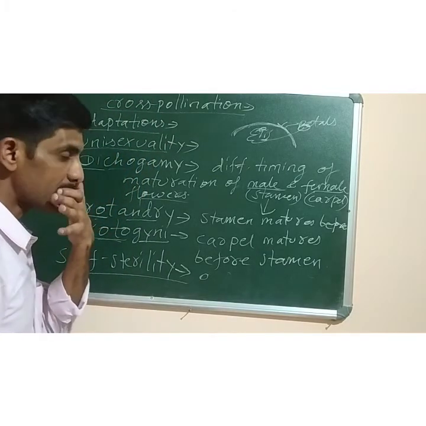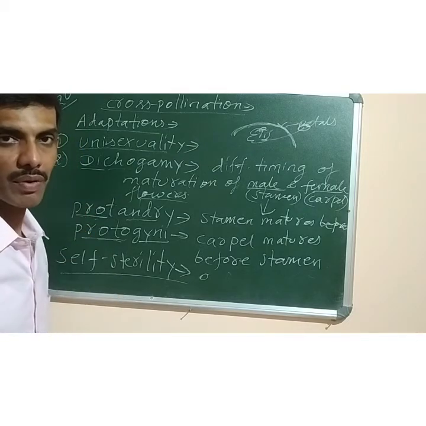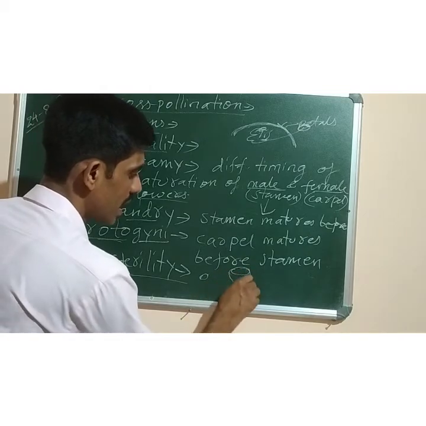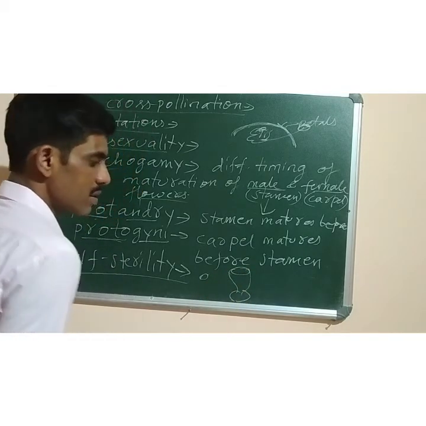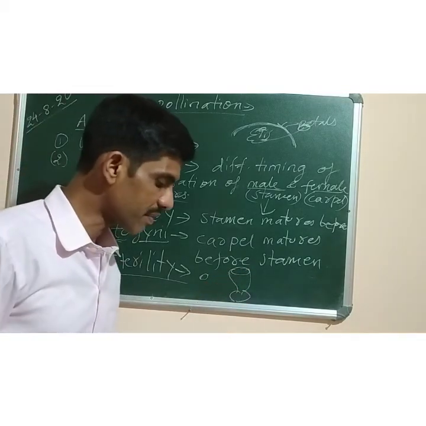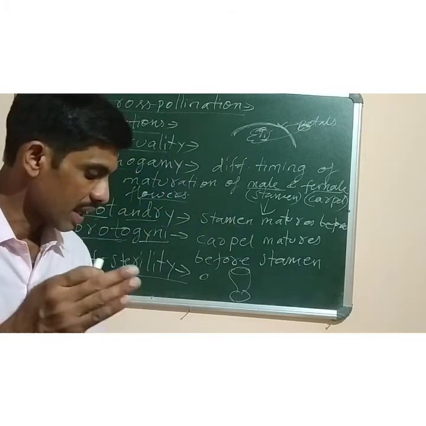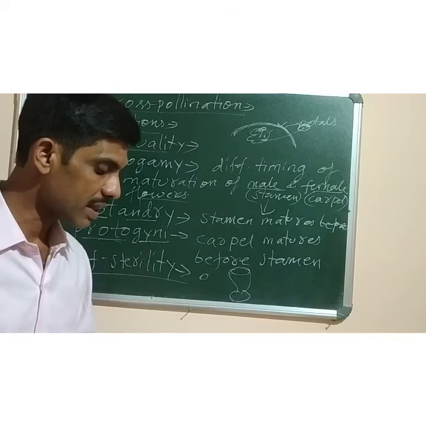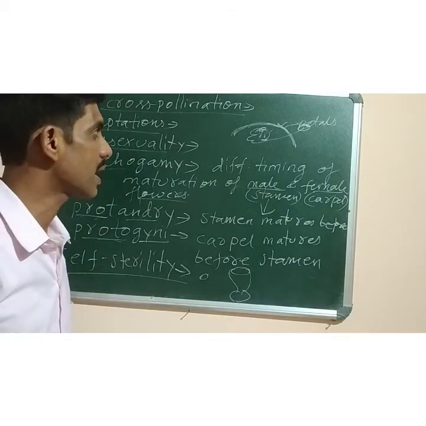Heterostyle means, style is the stalk of the flower. Like we have the stigma, we have the style, and then we have the ovary. So if the styles are of different length, heterostyle means flowers of 2 or 3 forms with anthers and stigma at different levels.